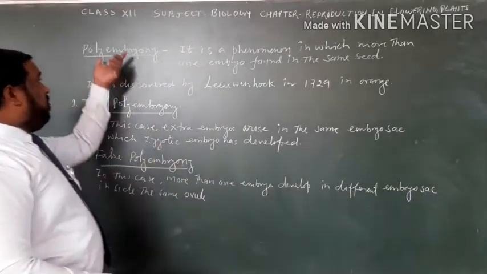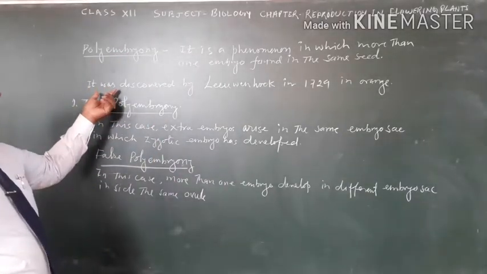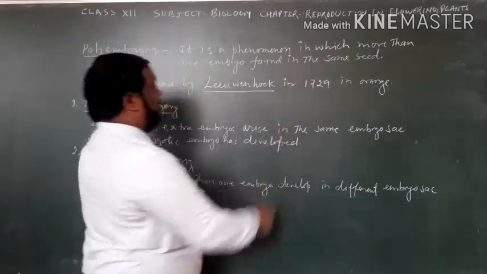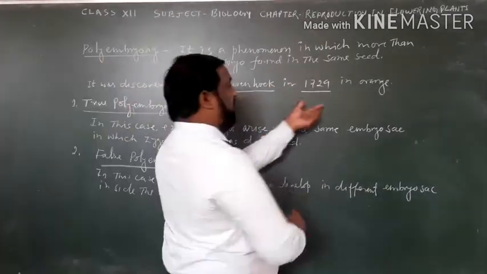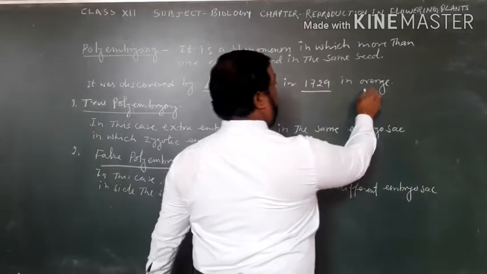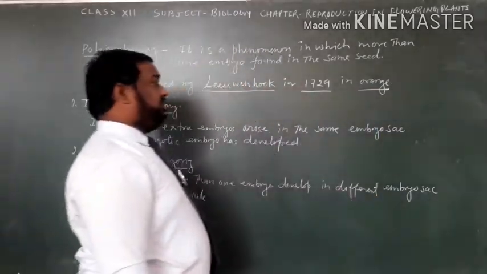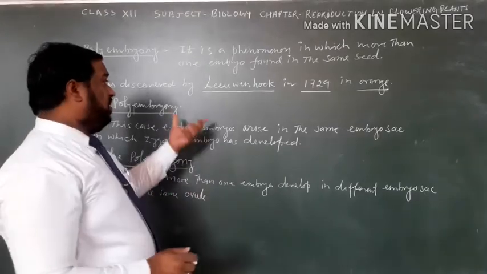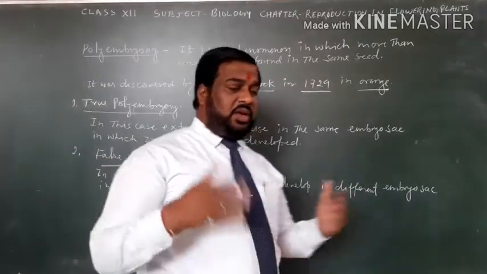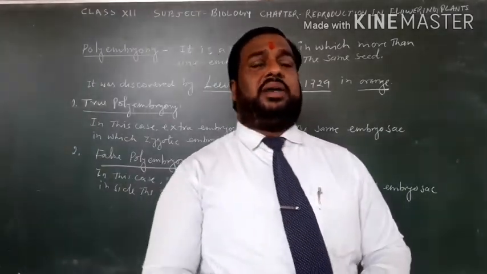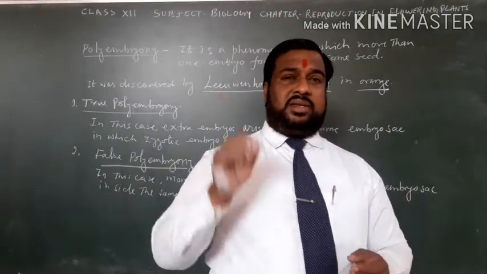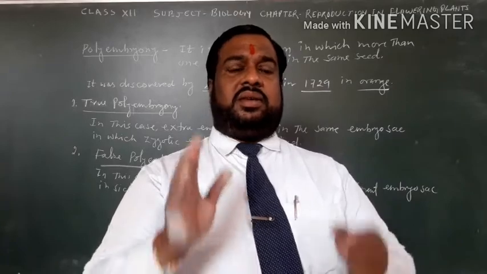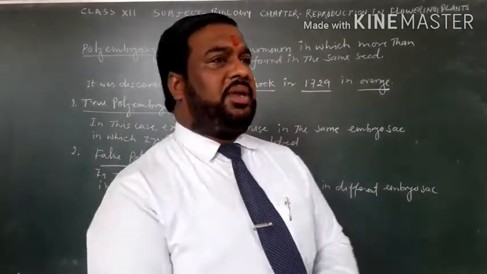This polyembryony was discovered by Leeuwenhoek in 1929 in orange, means citrus fruit. Later this polyembryony is divided into two parts: one is true polyembryony and another is false polyembryony.